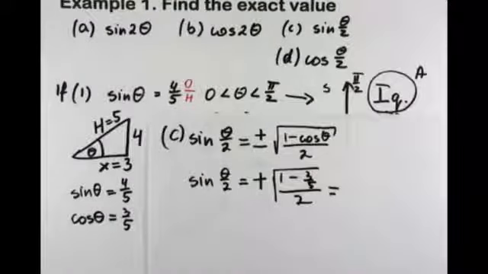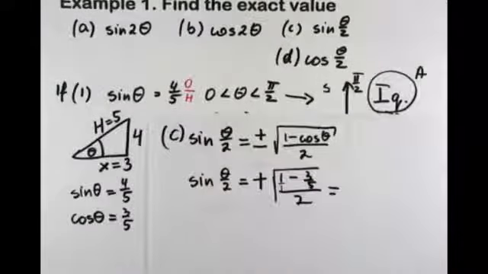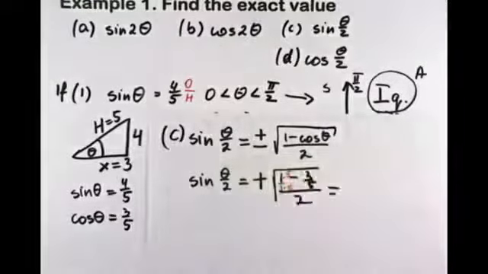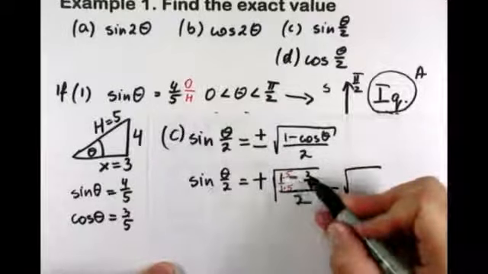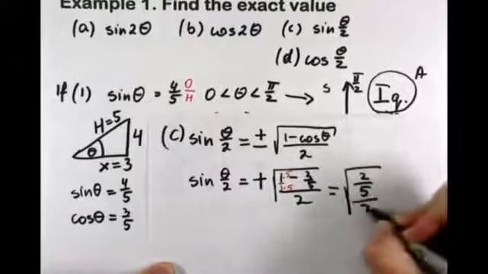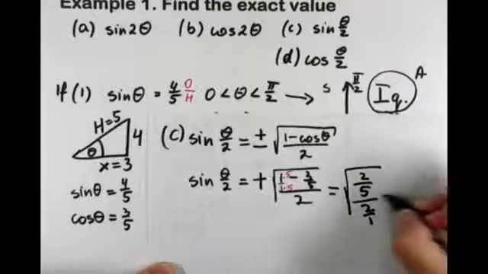We need to find a common denominator. This one is like 1 over 1. The common denominator will be 5. So we need to multiply times 5 over 5. And what we are getting is square root of 5 minus 3 is 2/5, and divide by 2. To divide by 2 is like 2 over 1, so I'm going to flip this one.